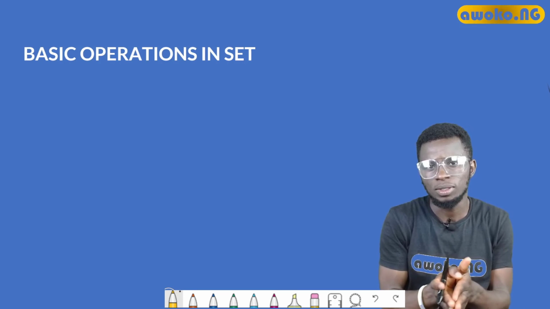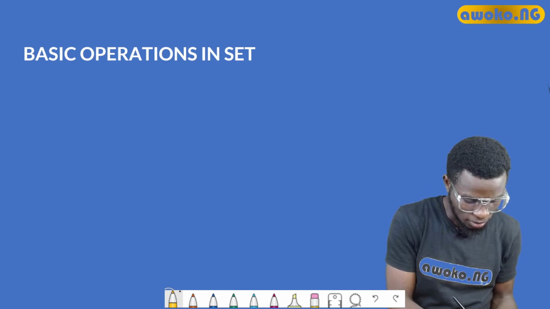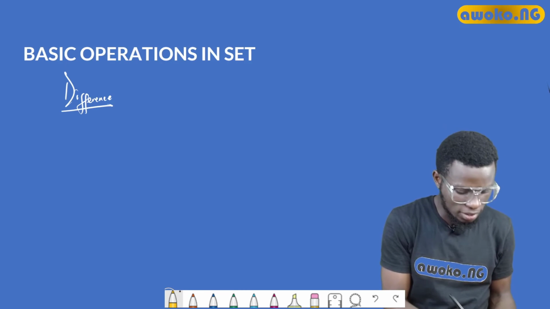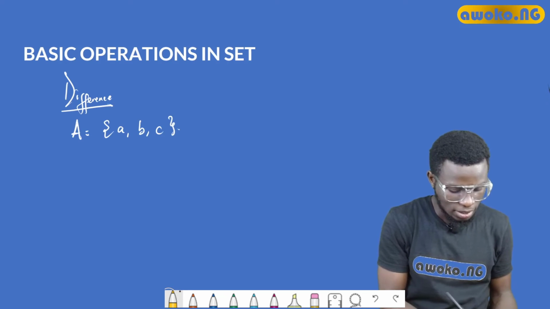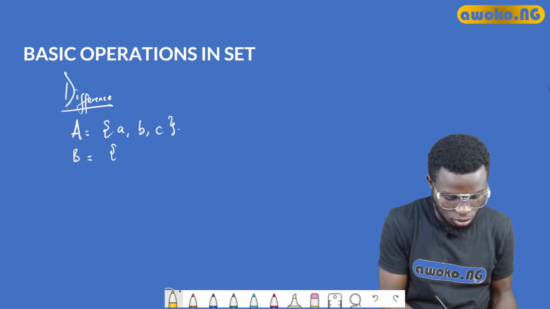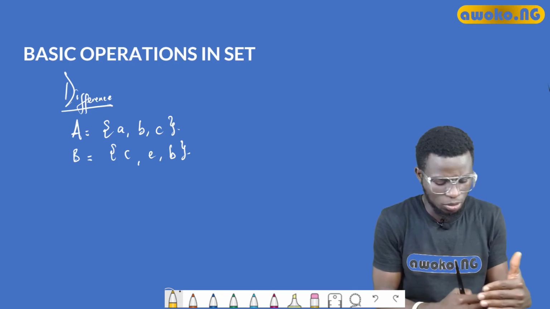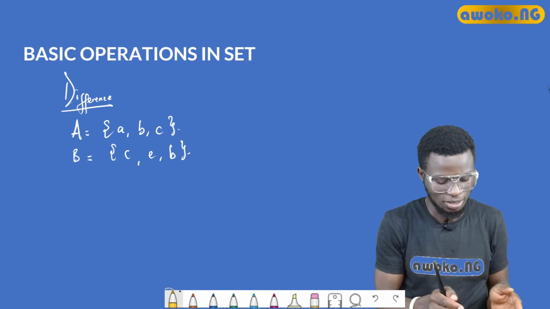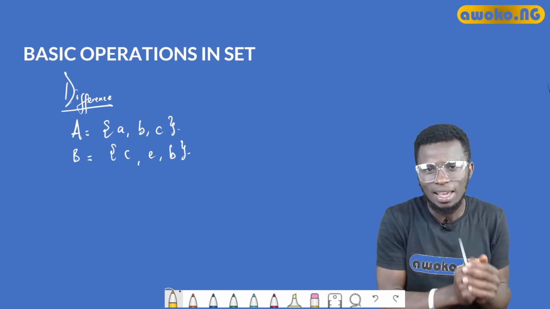difference of two sets. Let's say we have set A equal to A, B, C, and set B equal to C, E, B. And I'm asked to find the difference between set A and B. The difference between set A and B is simply the elements that are peculiar to set A alone.